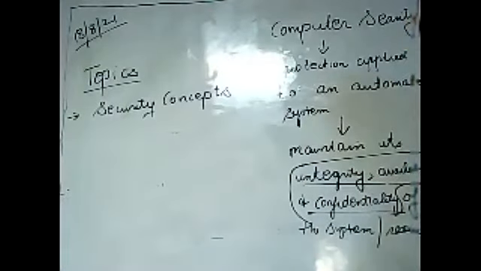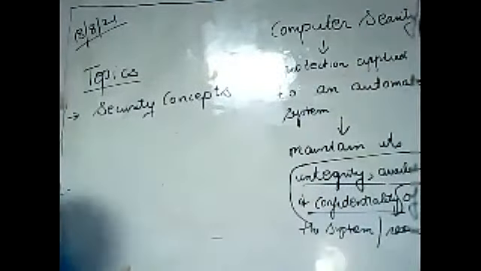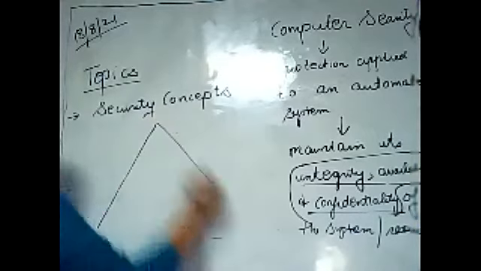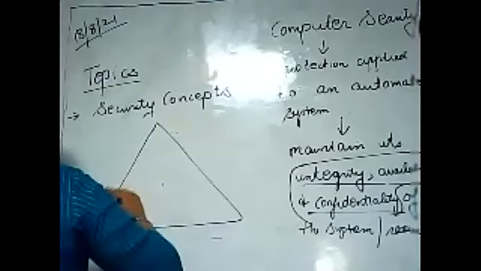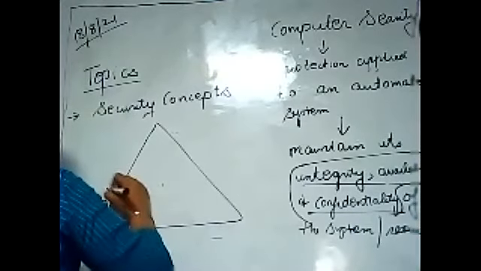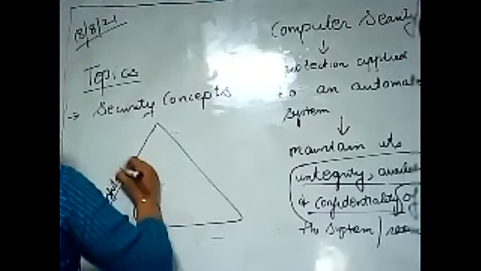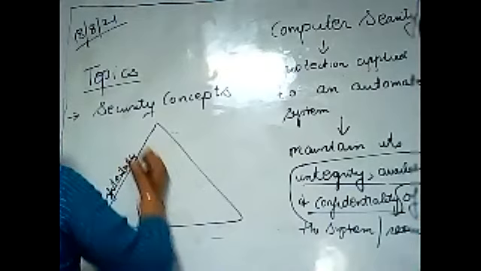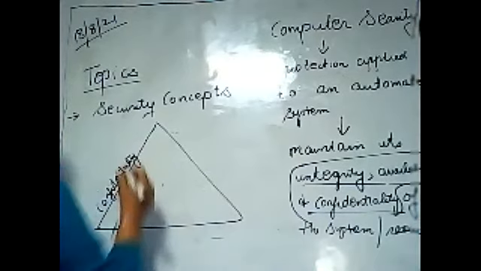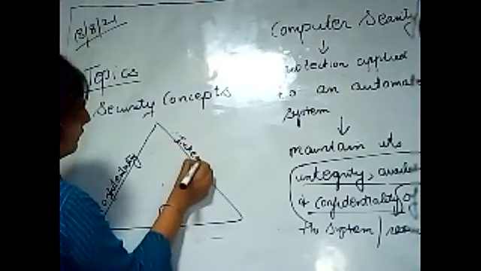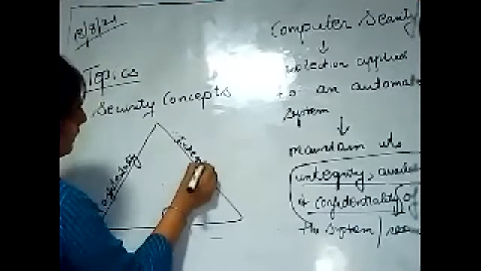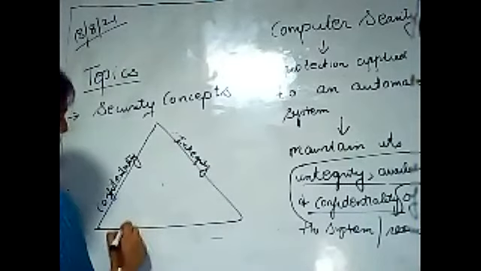So if we talk about the security concepts over here, how can we define them? On this side, we have confidentiality. Here we have integrity. And the last one is availability.